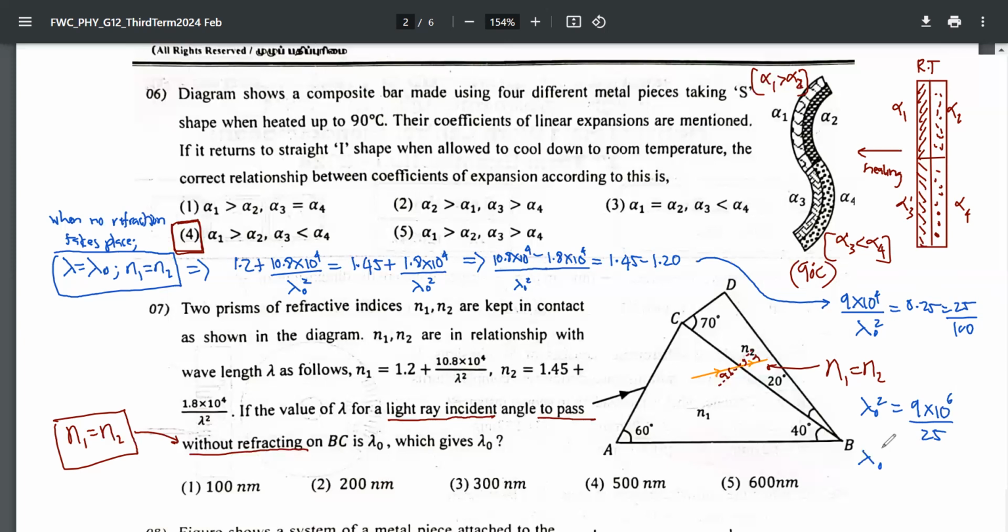Oh, no. I think I made a mistake. Wait. Something is wrong. 10 to the power 4. Did I make any mistake here? No, right? How will we get nanometers then, people?